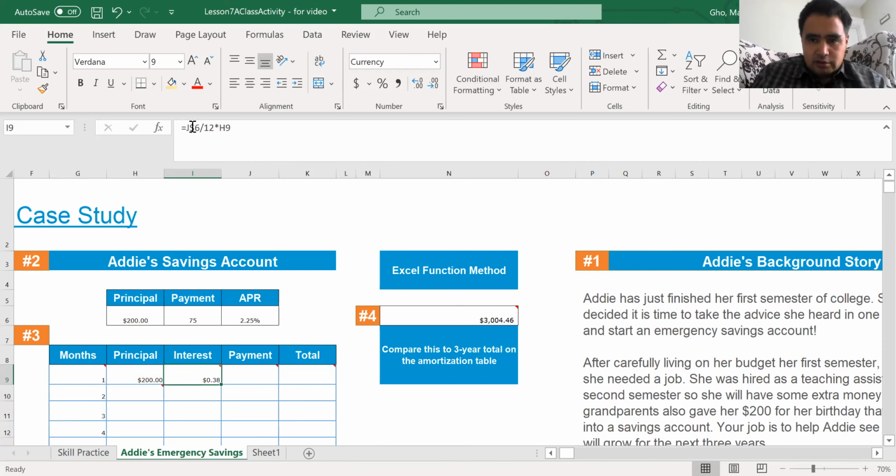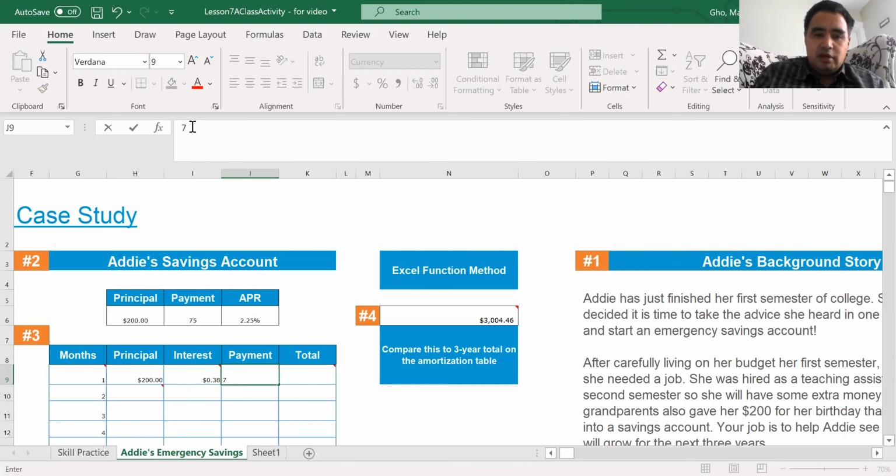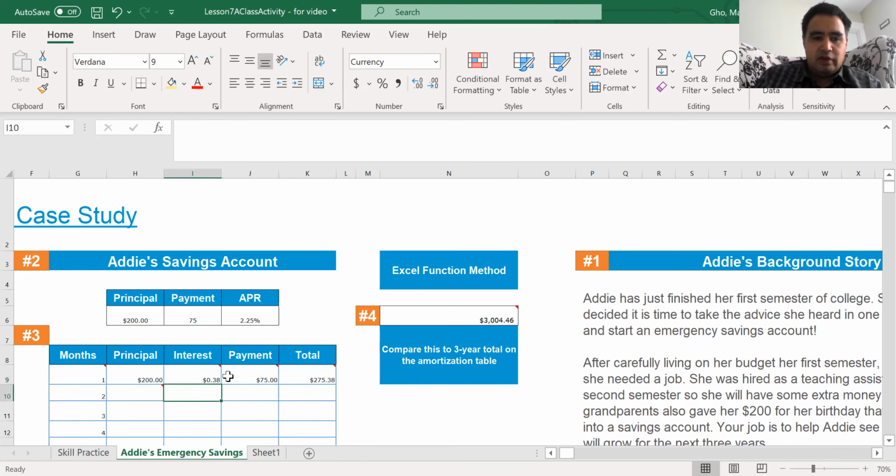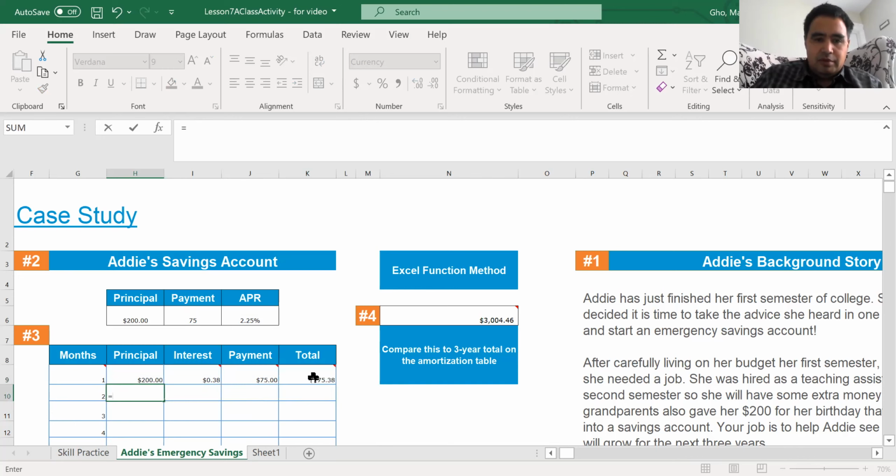And so she got 38 cents in interest the first month. She makes a payment of $75. And so now let's add up all of the money that she has, the principal, interest, and payment. At the end of the first month, she's got $275. And that will be what we put right there.